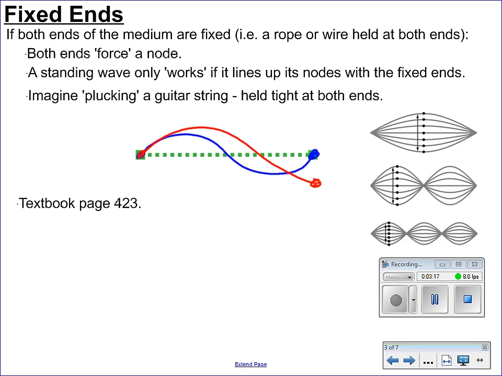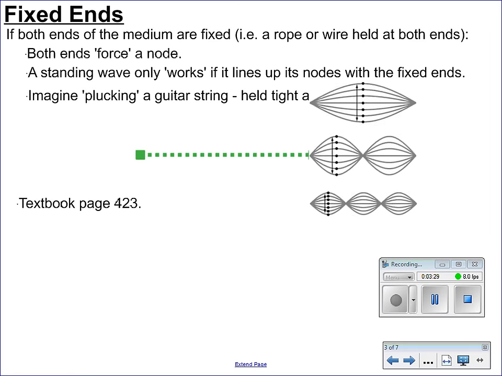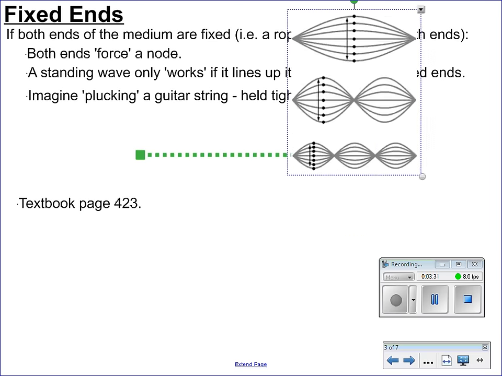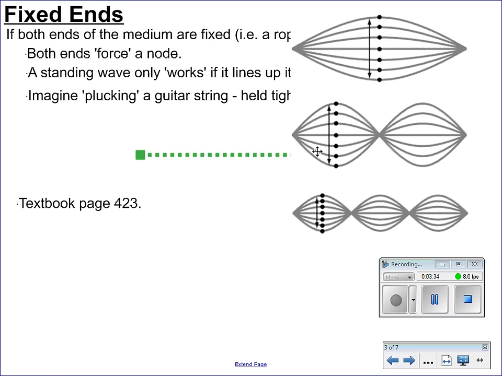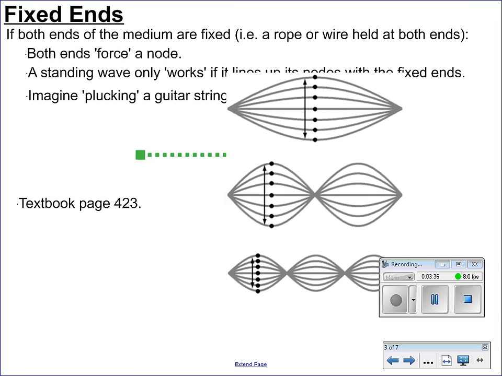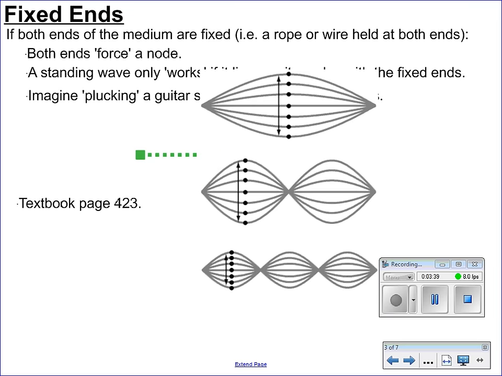And you saw that when you were trying to set the standing waves. Sometimes you got waves that just didn't work. This is what's happening. When you manage to set up a node at both ends, that's when you got a standing wave. And the situations that occur are nicely illustrated in this picture from the old textbook. The first situation is when you have one antinode in the middle and a node at both ends.